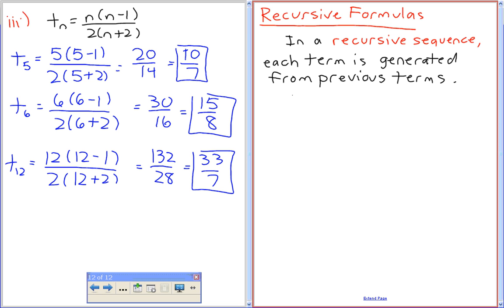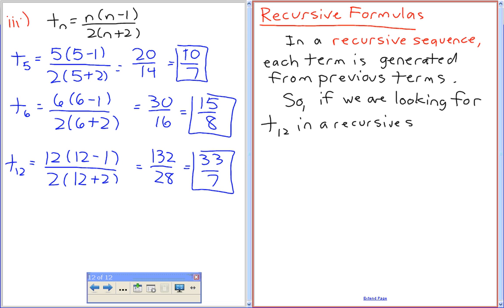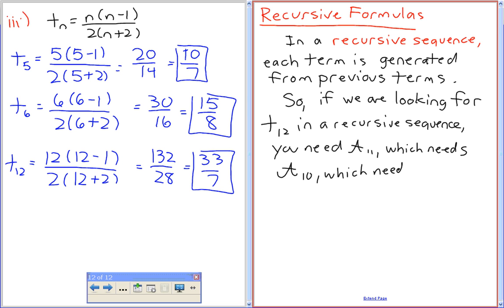So if we are looking for T12 in a recursive sequence, you need T11, which needs T10, which needs... And if you're in computer science, you may have noticed it's a loop. You need things again and again and again.